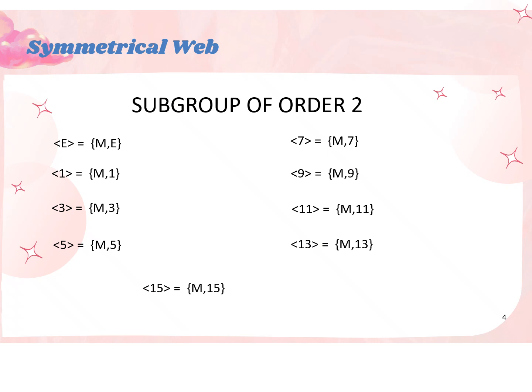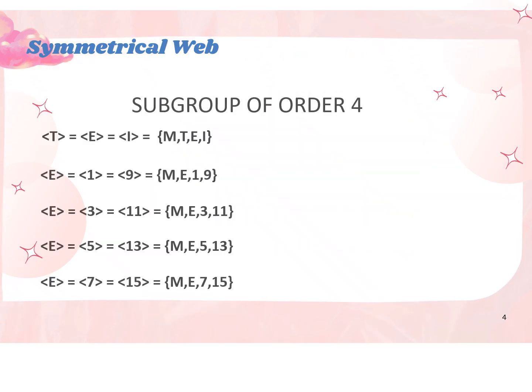And last, we have 15 containing M, 15. Here E is the K sub 2, then 1 is the K sub 3, generator 3 is K sub 4, generator 5 is K sub 5, generator 7 is K sub 6, generator 9 is K sub 7, generator 11 is K sub 8, generator 13 is K sub 9, then generator 15 is K sub 10.